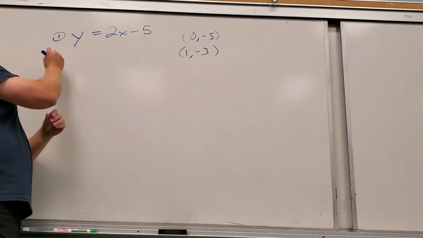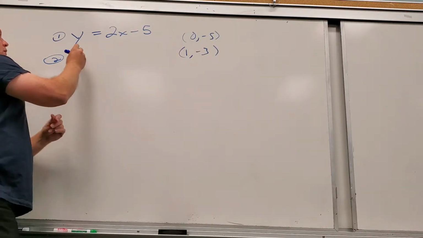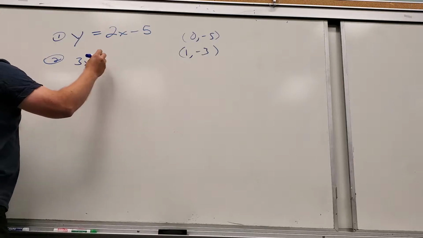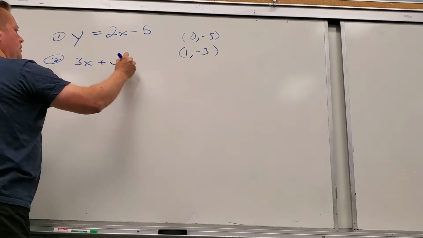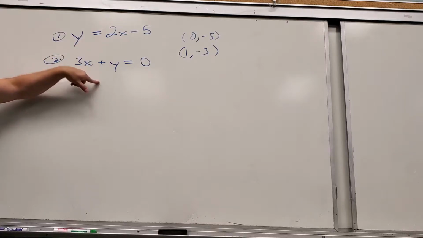So if I give you another piece of information, like 3x plus y equals 0, how can I use this?